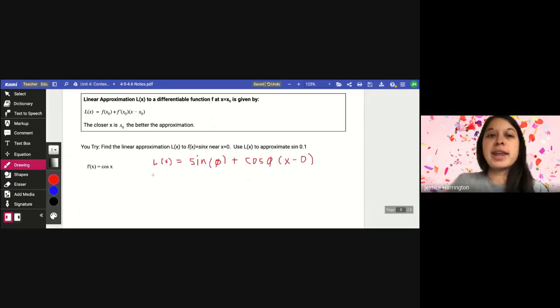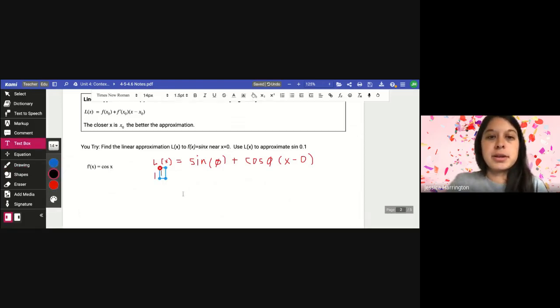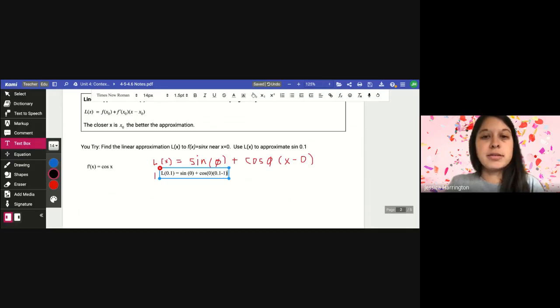So now we can actually find this, for the value they gave us, 0.1. So this is our linear approximation for 0.1. Sine of 0 plus cosine of 0 times, well, what is our x they've given us? 0.1 take away 0. So then we're just going to solve all that.